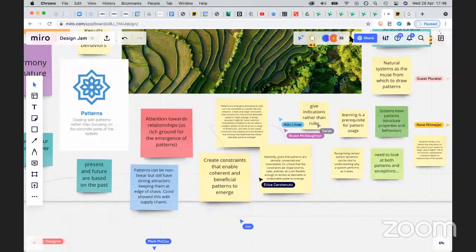You were talking about this pattern thing, ecologically speaking, in terms of thinking about the system and the patterns, and in systems thinking.